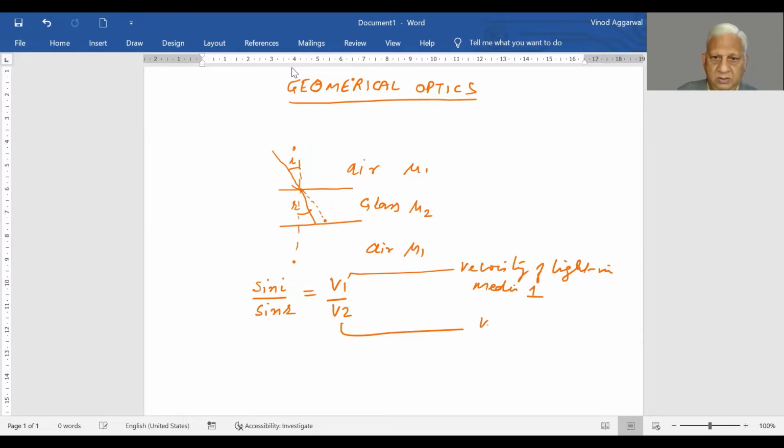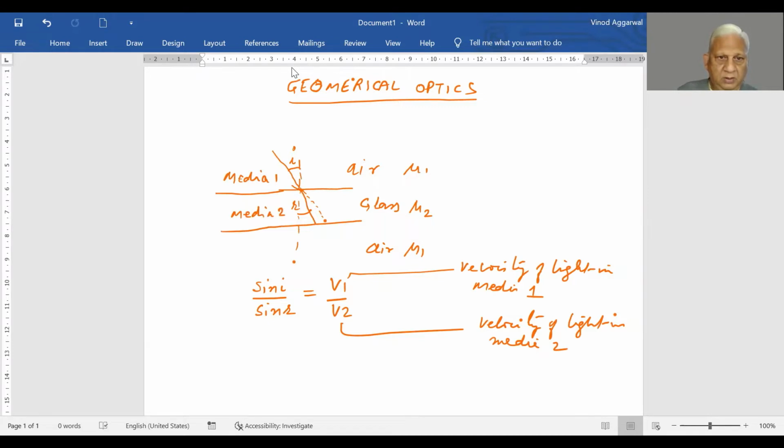This is velocity of light in media 2. This is also called media 1. This is media 2.